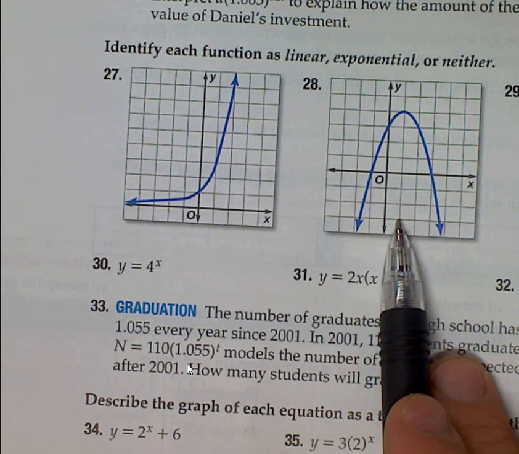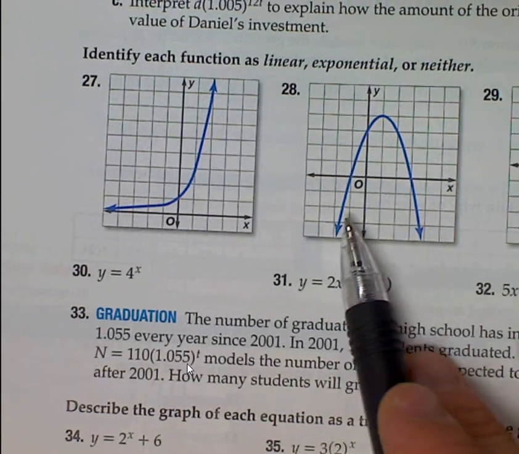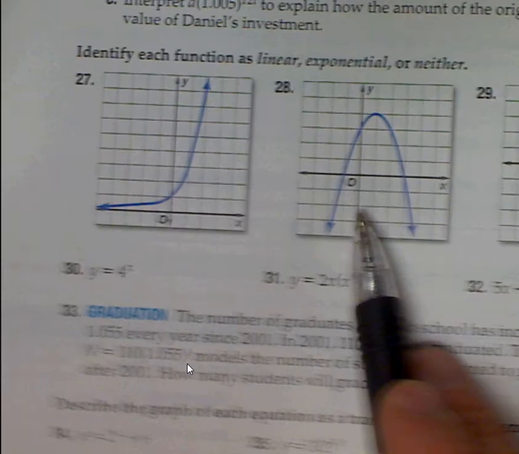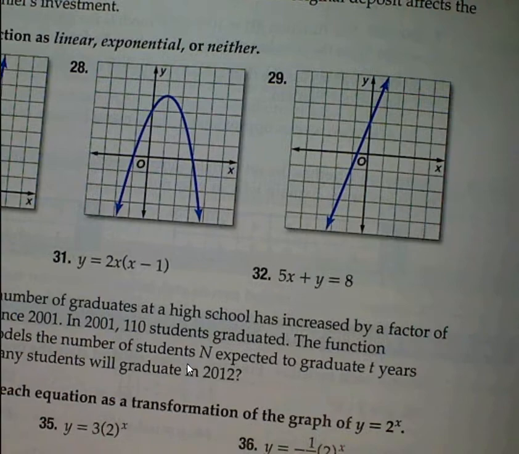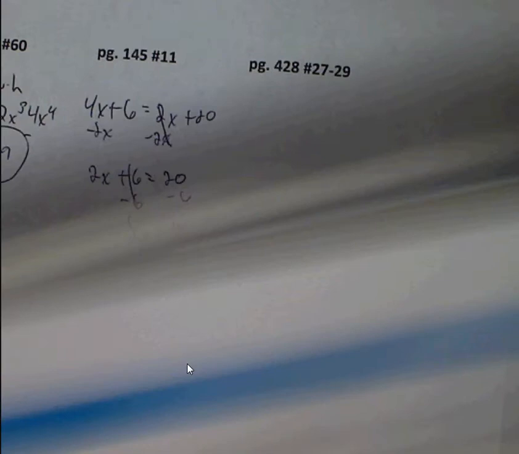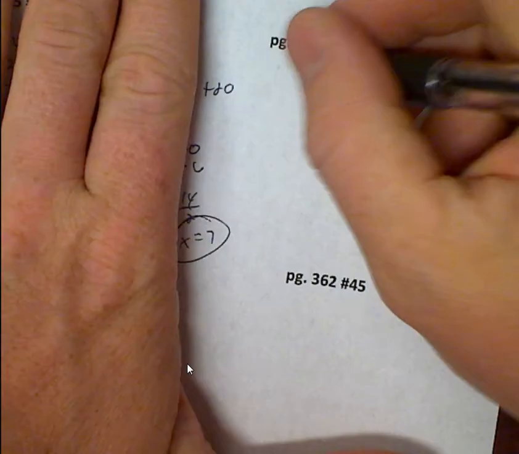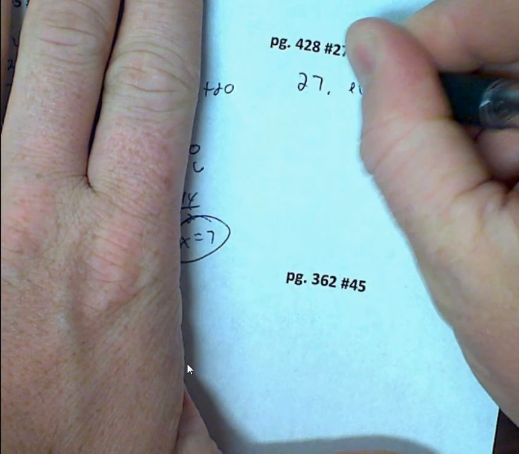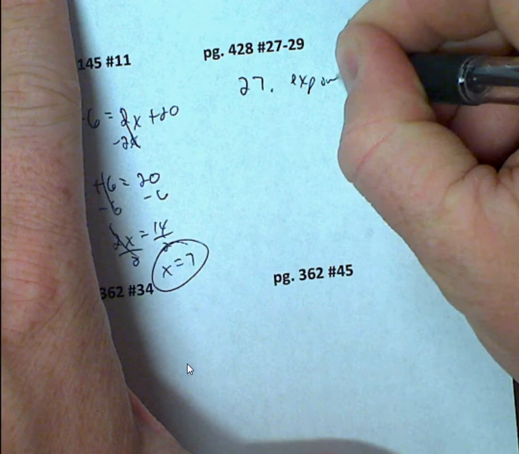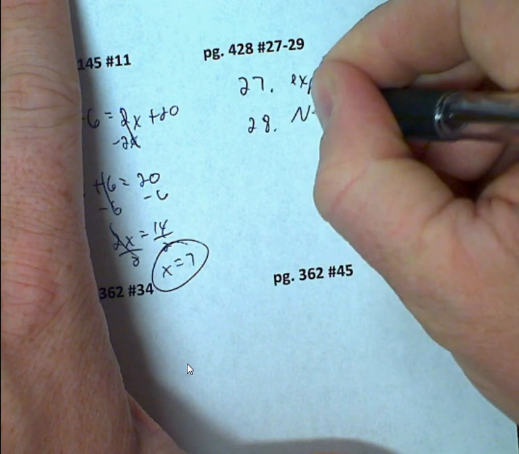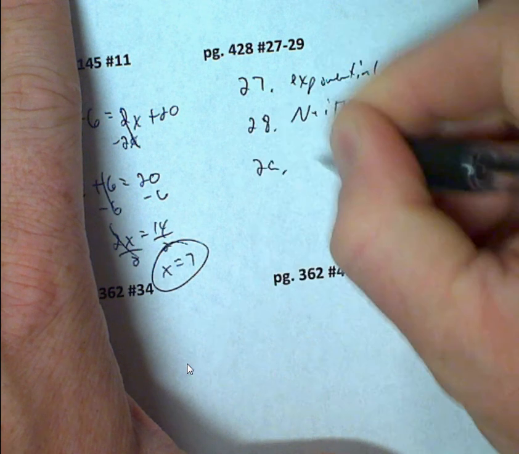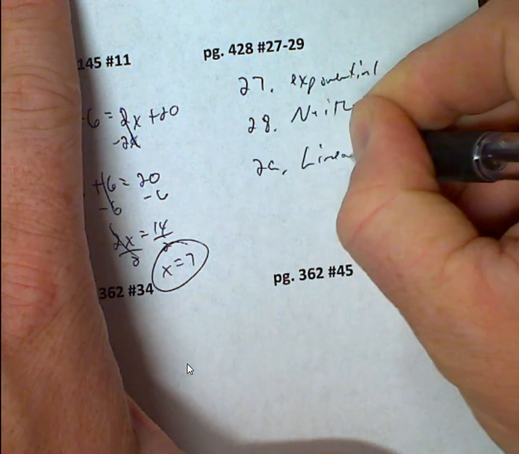The second one does not look like a line or a hill. That would have to be neither. Number 29 looks like a line, so that would have to be linear. So number 27 would have to be exponential, 28 would have to be neither, 29 would have to be linear.